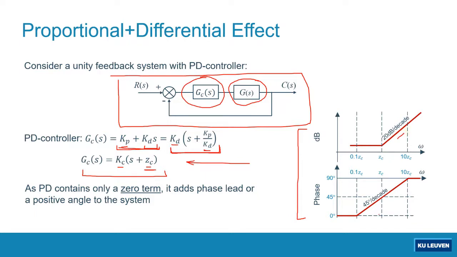For the phase plot, we will have 0 degrees at low frequency and 90 degrees at high frequency. So looking at this behavior, we can also see that the effect of this PD controller is that it will add phase to the system that we are going to control.